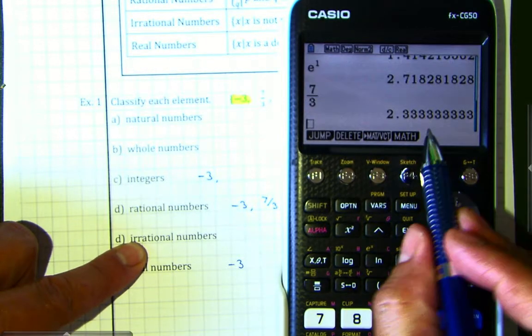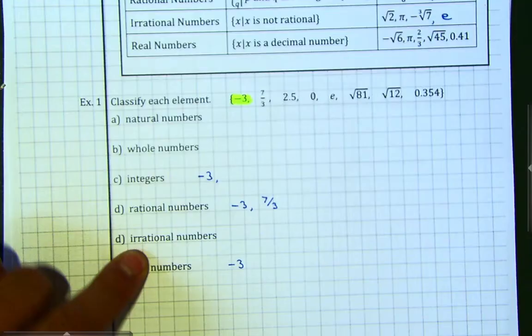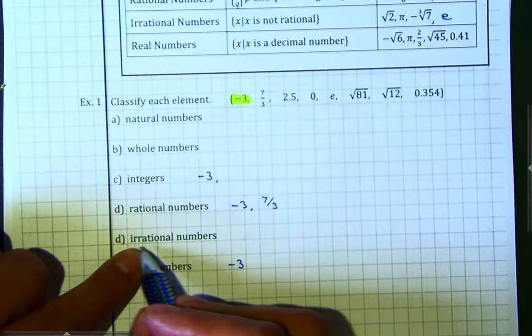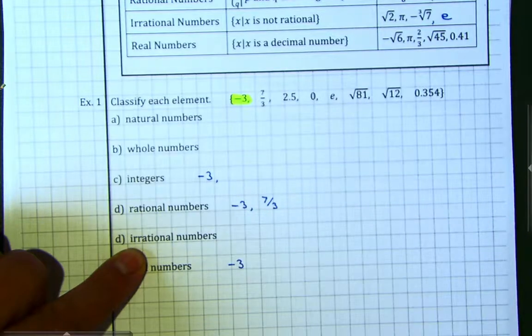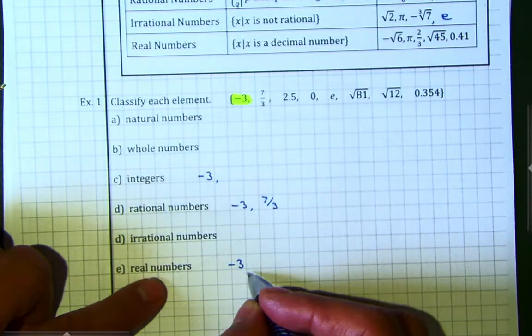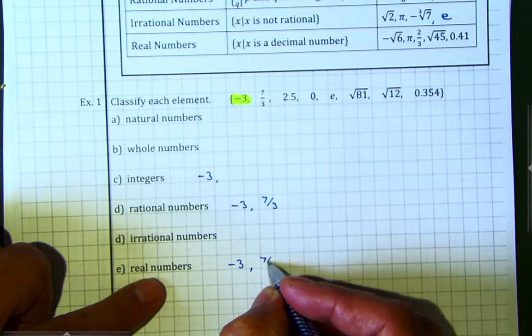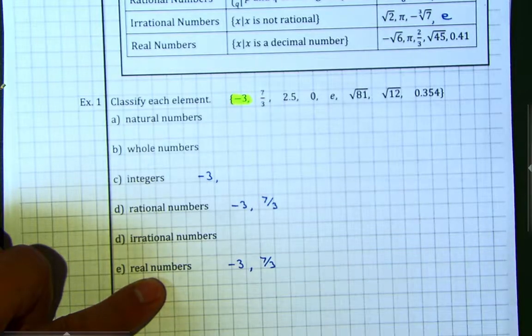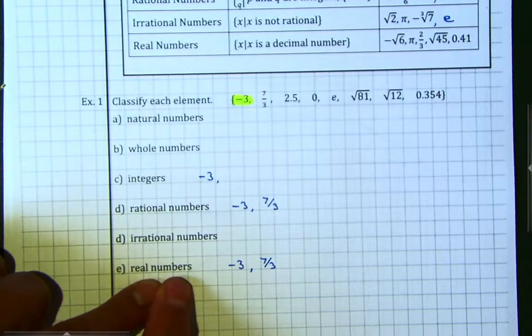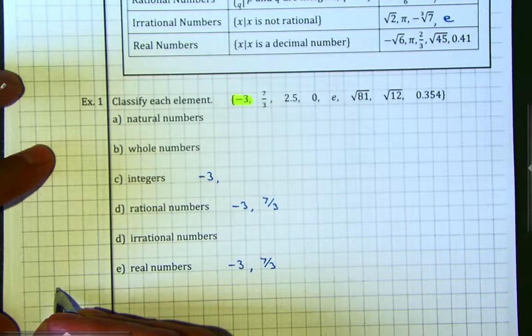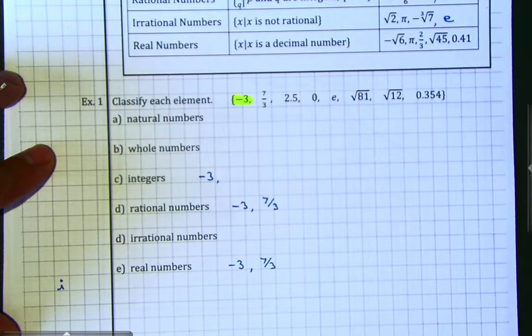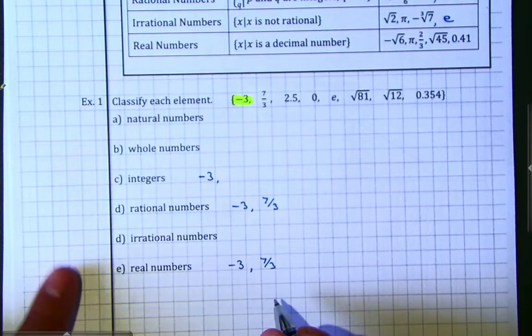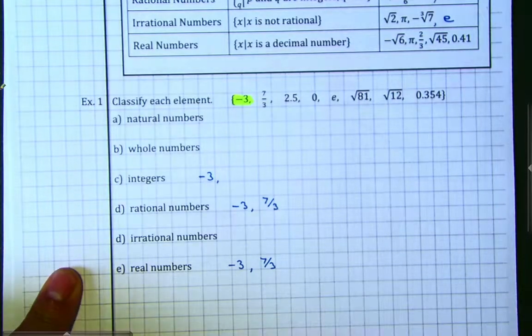It has a repeating decimal, so it's not an irrational number, it's a rational number. And it is a real number. All of the numbers that we cover in Algebra 1 are real numbers. You start to cover non-real numbers once you start to cover the number i. But for now, we're just going to keep it with real numbers.